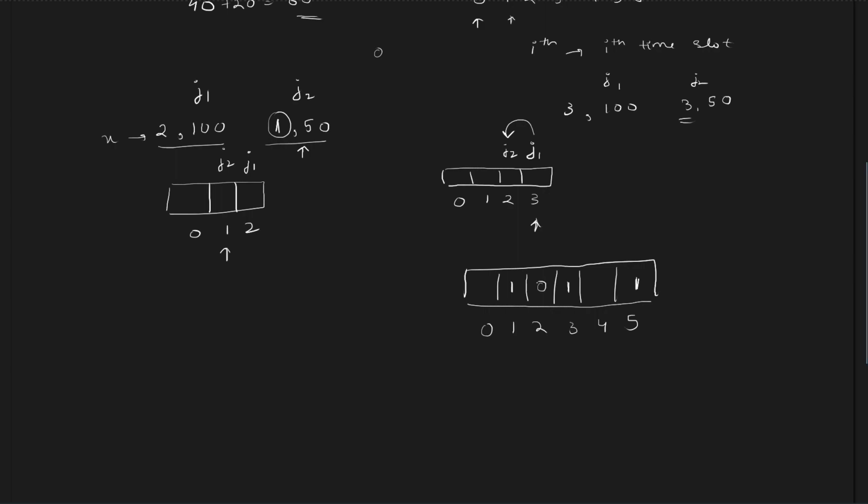Let us say that this value is not taken. So the array does not have a definite pattern. For binary search to work, the input should be either monotonically increasing or monotonically decreasing, right? It should follow one pattern. But if the array has these variations, like one time it is 1, then 0, then 1, then 0, then 1, it is not following any pattern. So obviously binary search is not going to work.